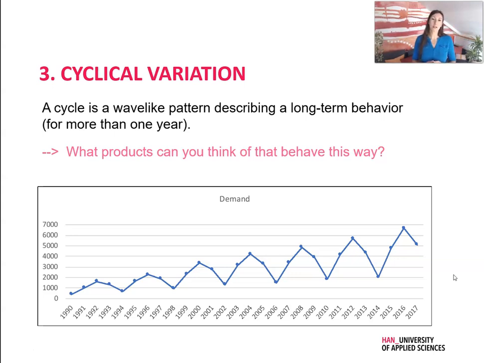Especially if it's longer than a year, I would ask you if you can think of any product that behaves this way. It can be quite challenging because, especially when you're talking about products, their life cycles nowadays are short; a 2-year life cycle is long. So seeing a 5-year cycle like is depicted in this graph might be challenging, but let's see if you can think of any.